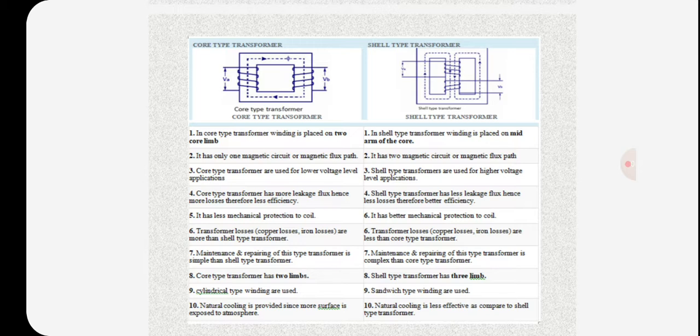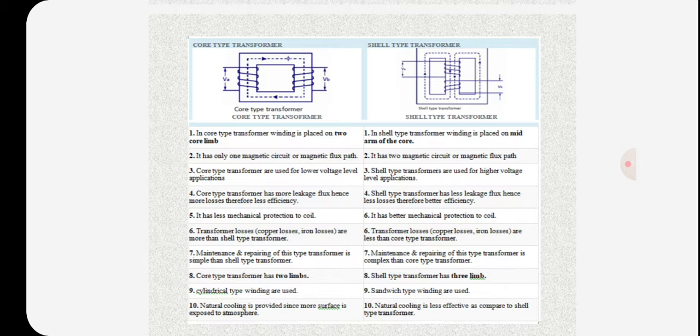In core type, the shape of the core laminations is a rectangular L shape. In shell type, the shape of the core laminations is E type. So last one, in core type, most of the winding is visible, hence it is easy to insulate and repair.